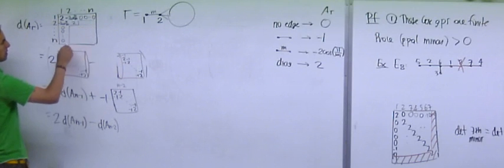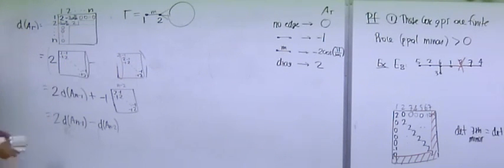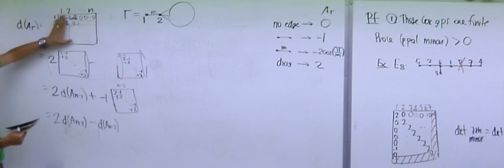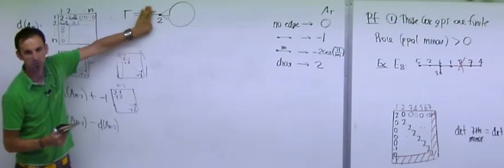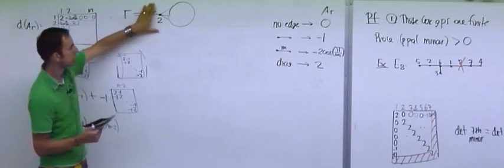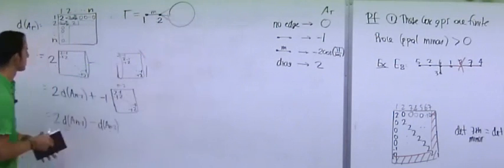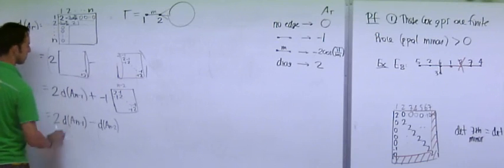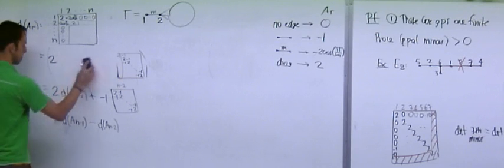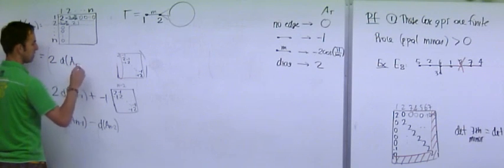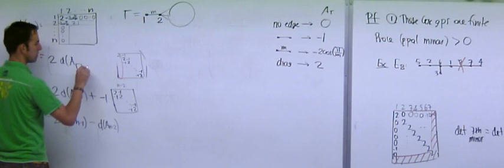Okay. Now, what is this matrix right here if I remove the first row and the first column? Well, you see, just like in the previous case, if I remove the first row and the first column, it's as if I had removed the first vertex. And what I get is just the determinant coming from this graph. Okay. And so what I get is the determinant of gamma minus the vertex 1.